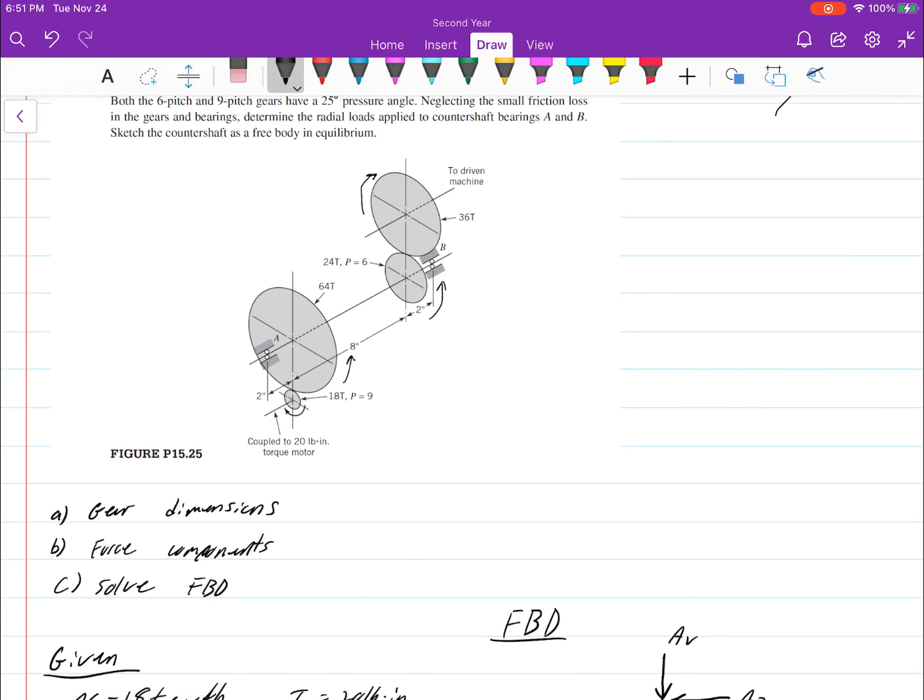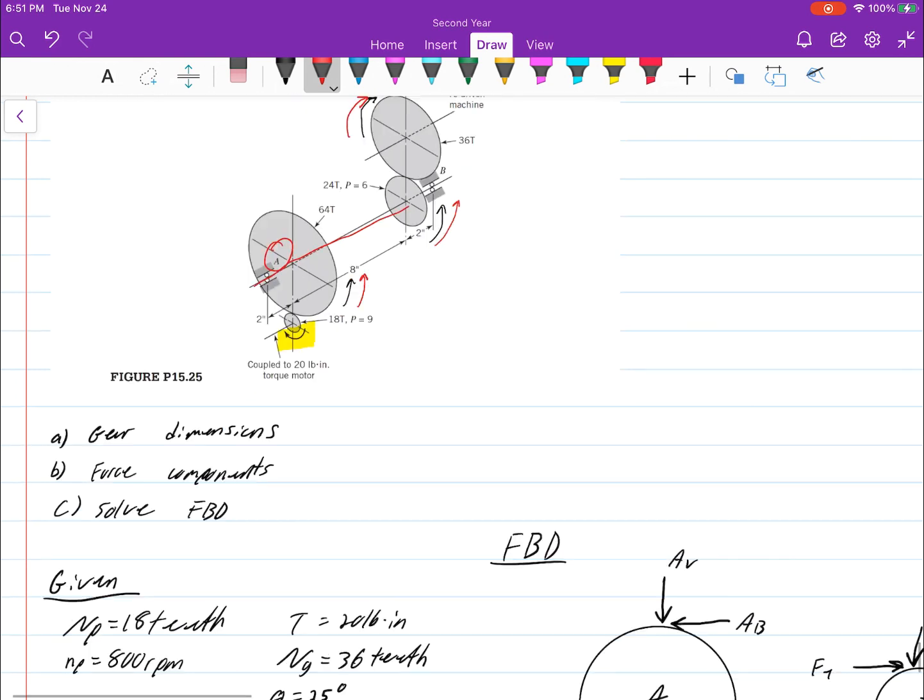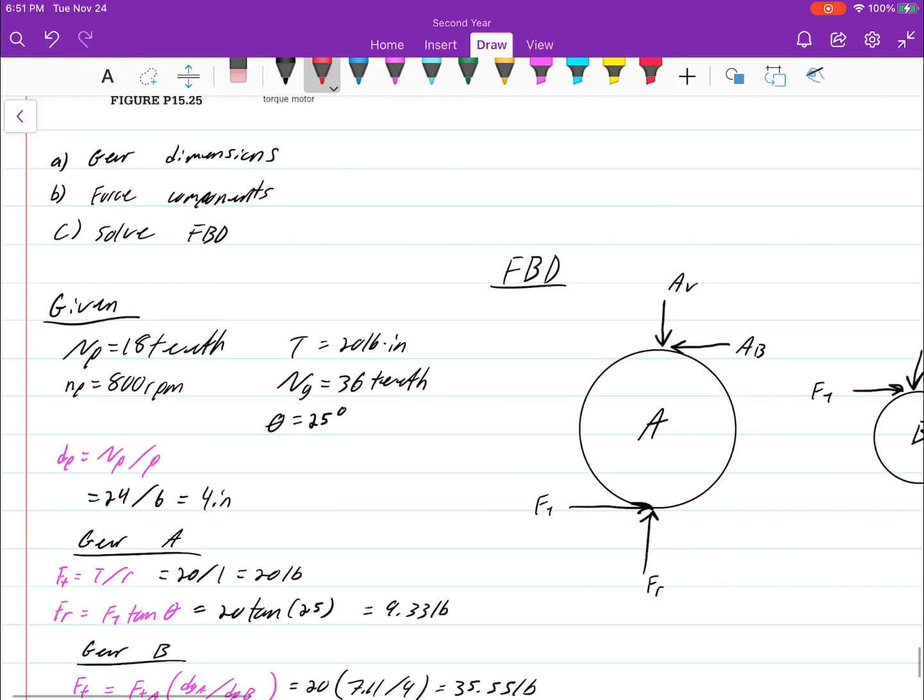We can see here in the picture that if this gear down here is rotating clockwise, that means the bigger gear, gear A, is going to be driven this way, and then it's on a shaft, so this one is probably going to be rotating the same way, which will be turning this gear this way.